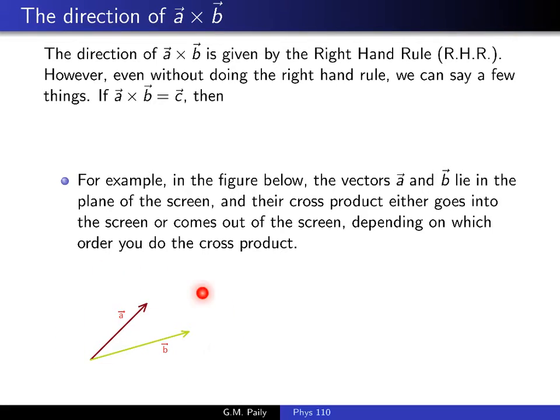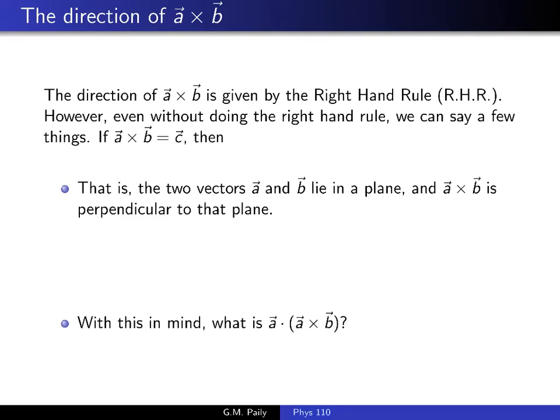For example, in this figure, A and B lie in the plane of the screen, and their cross product will either go into the screen or come out of the screen, depending upon whether you do A cross B or B cross A. With that in mind, try and evaluate A cross B dotted with A. Remember that A cross B will give us a vector, and then we can take the dot product of that vector with A. Think about what the result will be.